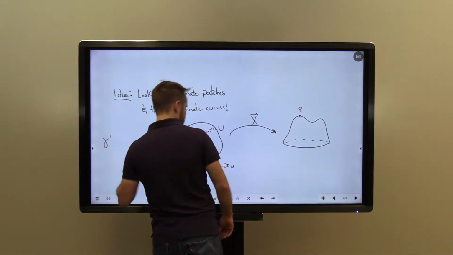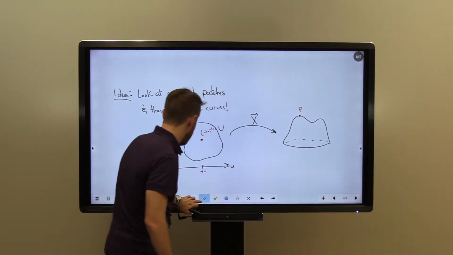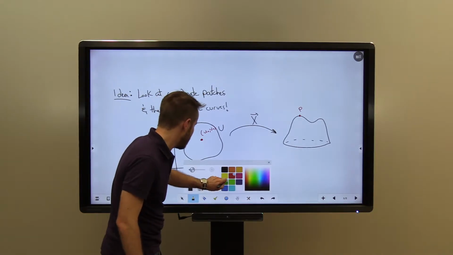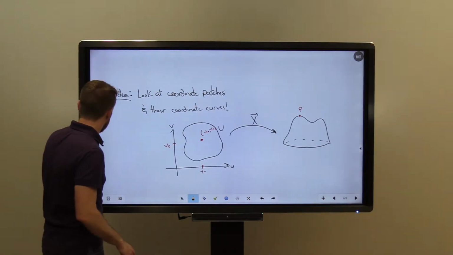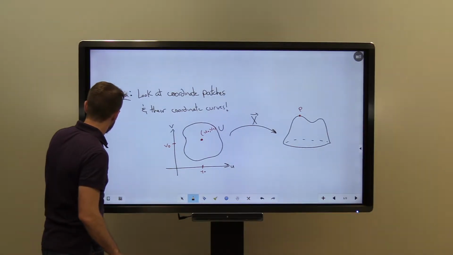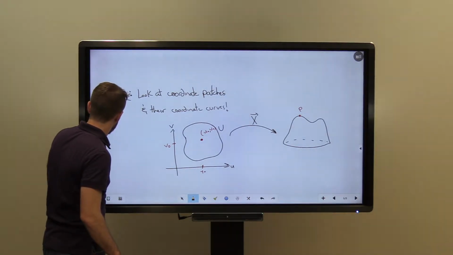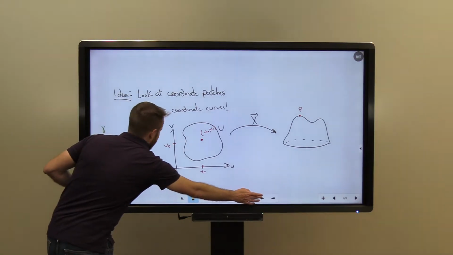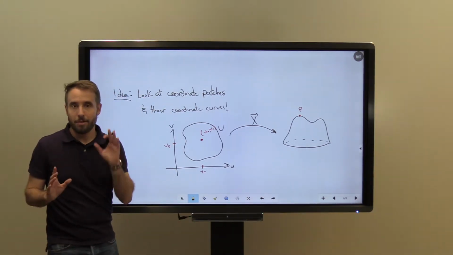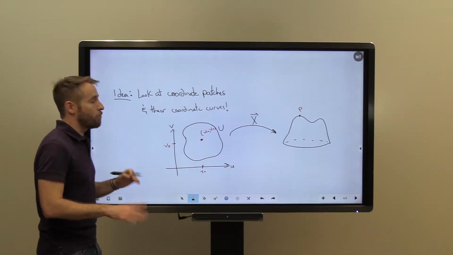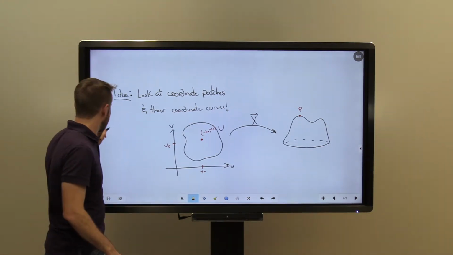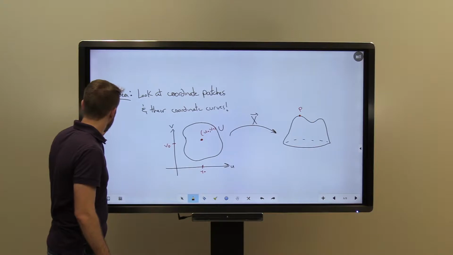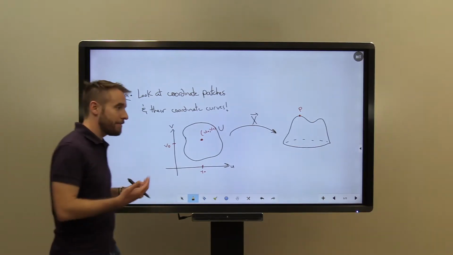So gamma 1 will come from an initial curve C1, and so C1 will be the curve that takes C1 of t.